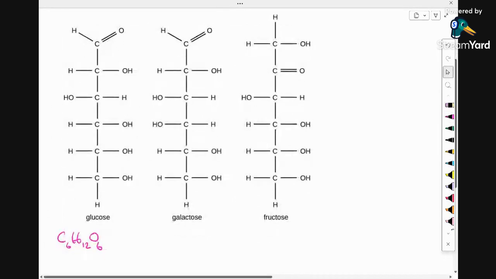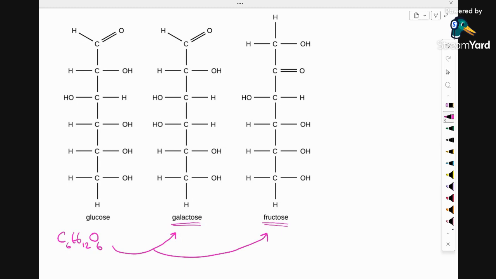The two isomers of glucose that you need to know are called galactose and fructose, which you came across briefly at GCSE when you looked at various disaccharides, which we will get to. Because they are isomers, these guys also share the same molecular formulae. They are both C6H12O6. And you can count them up if you want to.